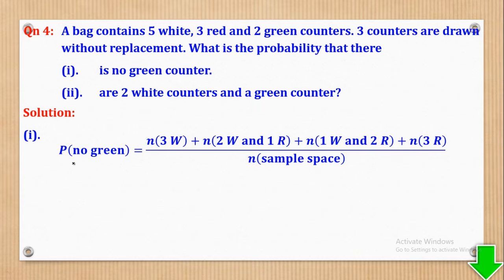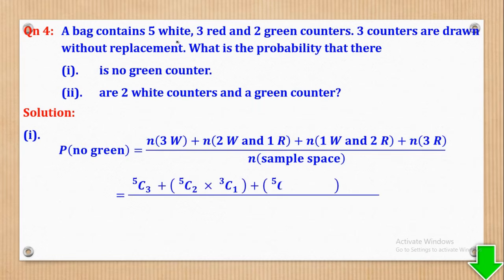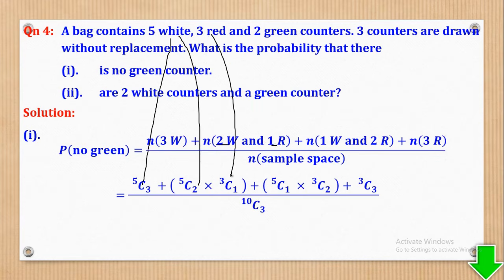So probability of no green counter means that you can either pick 3 white, or 2 white and 1 red, or 1 white and 2 red, or 3 red, because they don't want any green over the sample space. So 3 white means that out of the 5 you need 3, and 2 white means out of the 5 you need 2, and 1 red means out of the 3 you need 1.